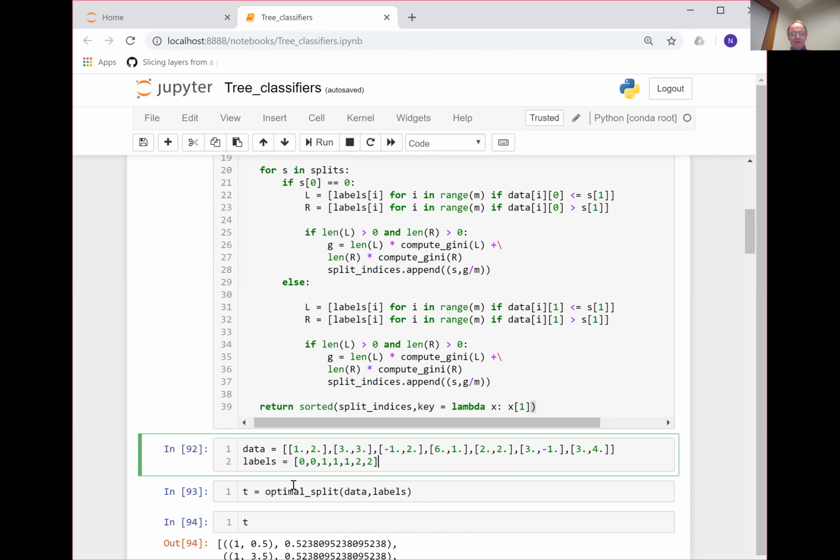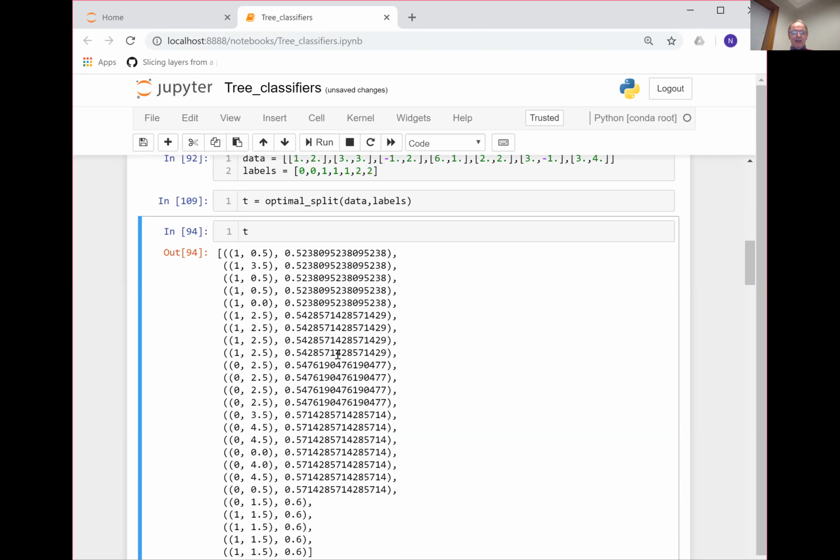So here's our data with the labels that we have here: 0, 0, 3 of the ones, and 2 twos. Let's see how it splits that. You can take the maximum here, but I have actually looked at several that have the same Gini index. So here's one.